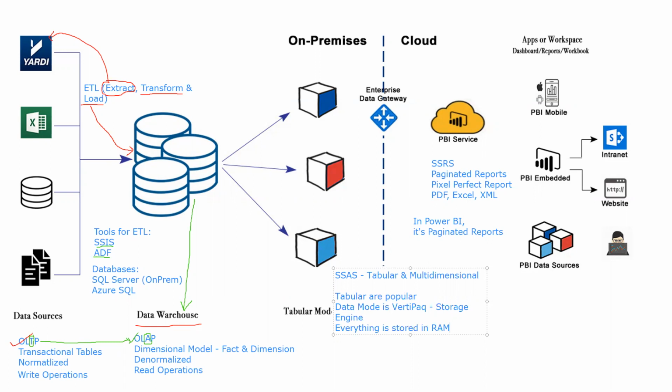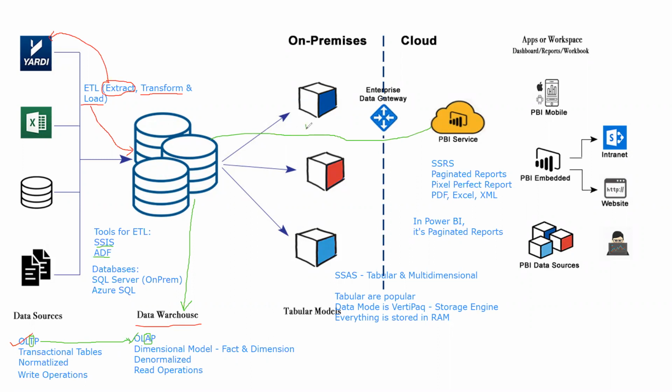So to have very high performing reporting, many companies try to have tabular models sitting on top of the data warehouse. Otherwise, we have complete flexibility to connect Power BI directly to the data warehouse. So I can bypass the tabular models and directly connect to the data warehouse.